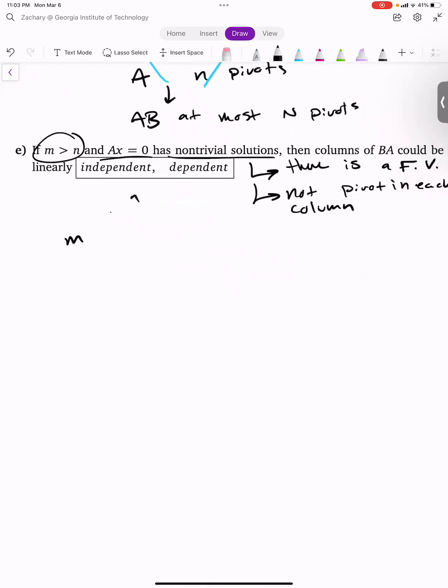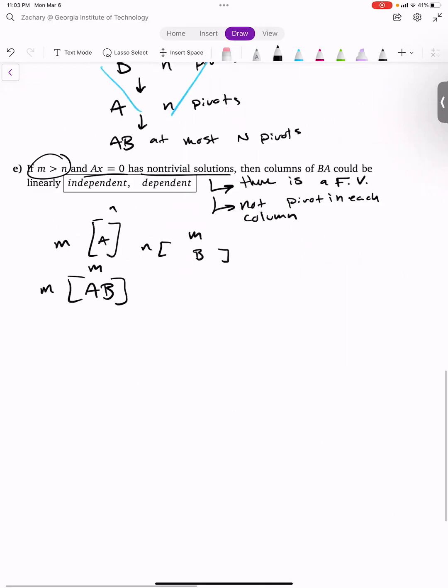M, N, tall A, wide B. AB is M by M. Actually, no. So BA, let me zoom.